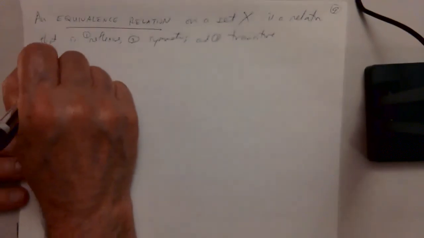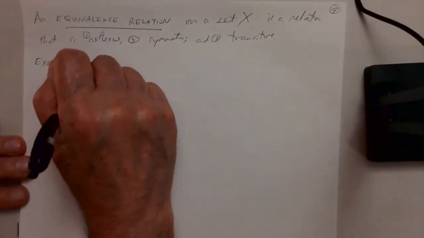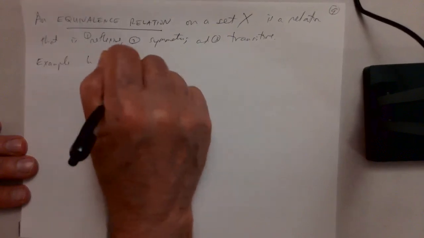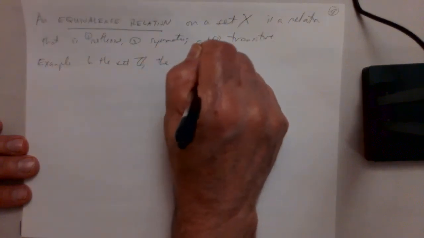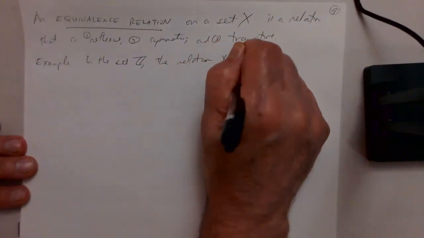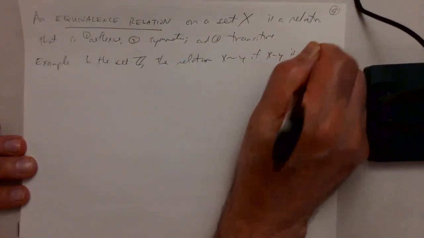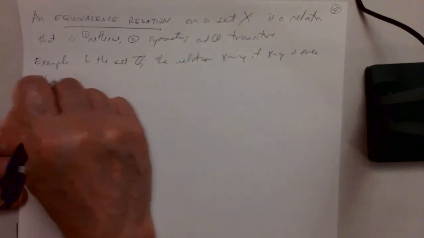What's an example? Well, the example I gave earlier, where we say that in the set of integers, x is related to y if x minus y is even, is an equivalence relation.